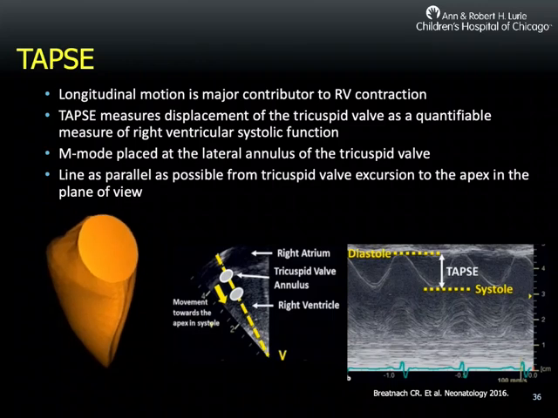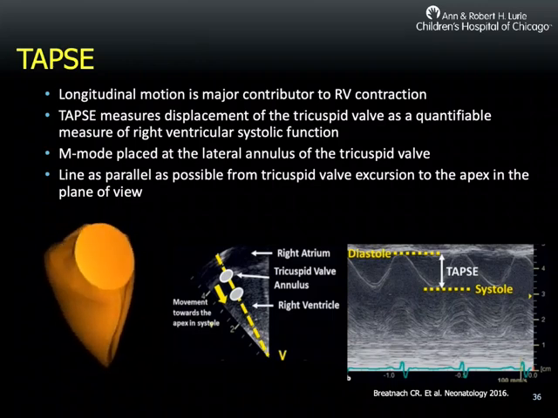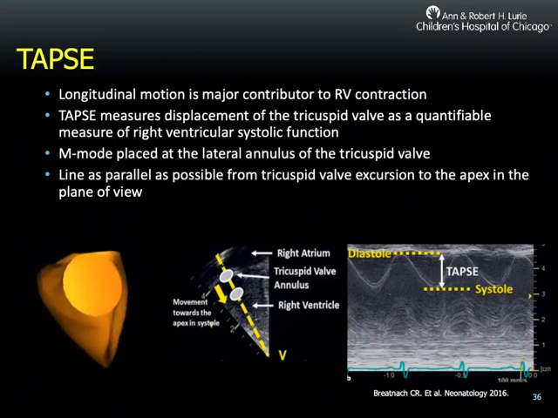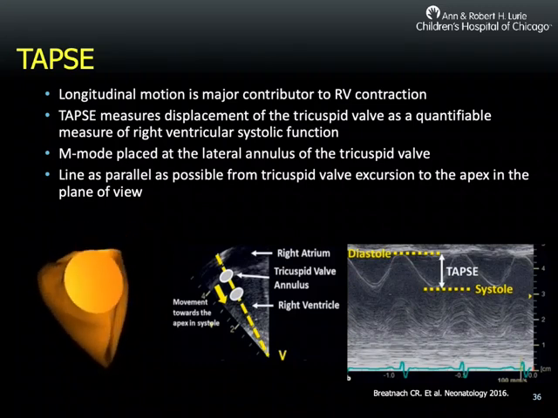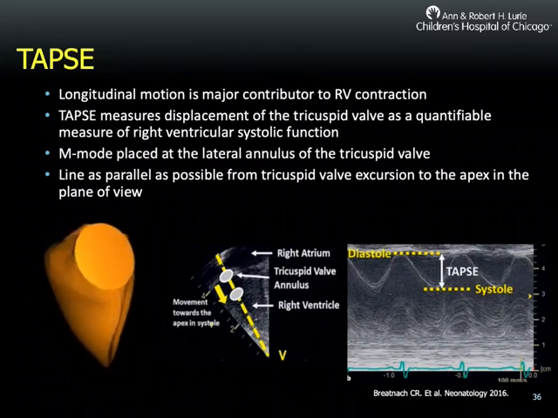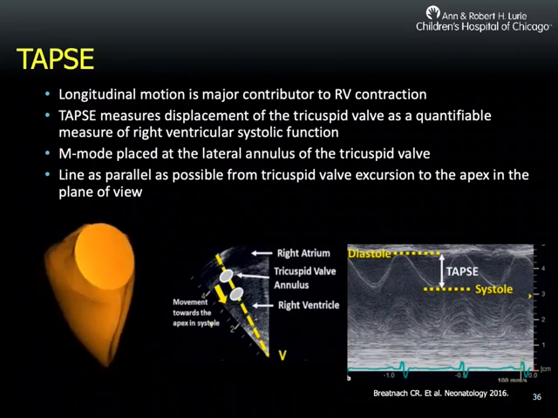If you look at the video on the left, there are two things to see. As that RV contracts, you can notice that the apex doesn't move as much. And you can see that the predominant motion, especially between diastole and systole, is where that tricuspid valve movement is.